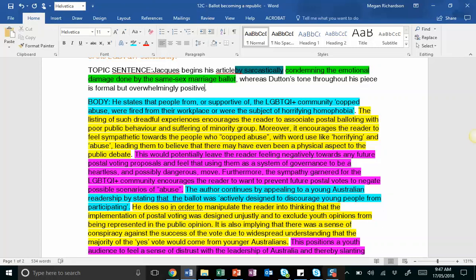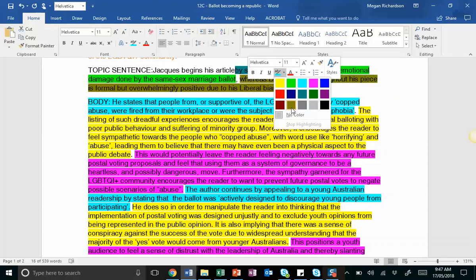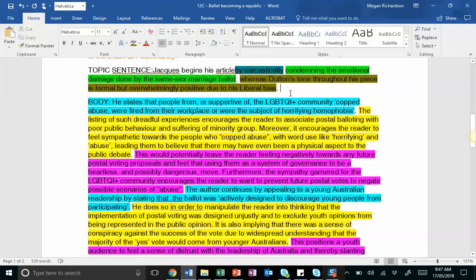Does that make sense? Yeah. Maybe I could even add due to his liberal bias. Ooh, touching on relationship. Ooh, look at me, I'm so fancy. Now, as we know, everything that is comparison is poo green, so we have to do it in the ploppy colour. Nice. Okay, so I've got some comparison in here.